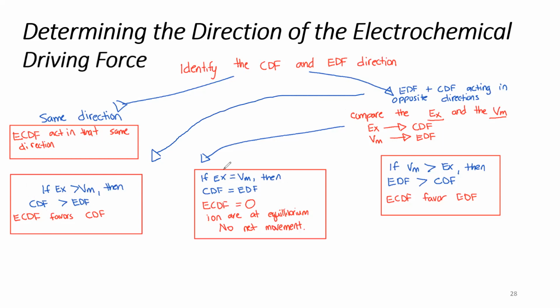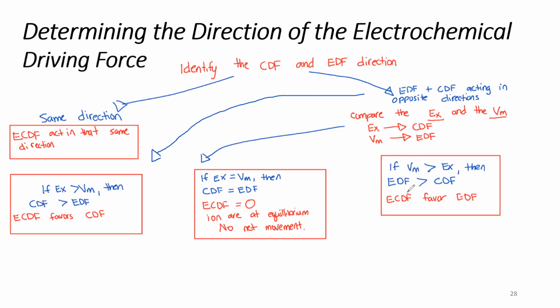We also said that if they were equal, so if the equilibrium potential was equal to the membrane potential, then both forces canceled out. The ECDF is 0, the ions are said to be at equilibrium, and so we see no net movement of the particles. And then if the membrane potential was greater than the equilibrium potential, then the opposite of that first scenario is true.